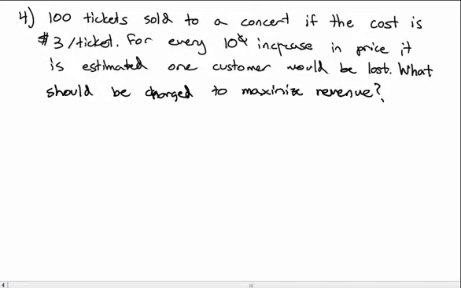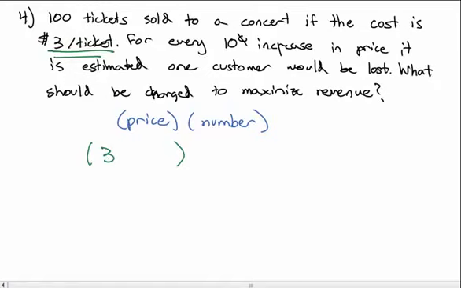One thing we need to know about revenue, how much money comes in, is the price times the number sold. So we need to look at how these factors are going to work together. The initial price for a ticket is $3. We're going to increase the price in 10-cent increments.